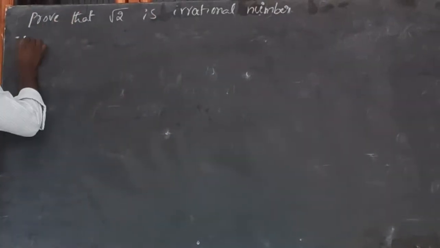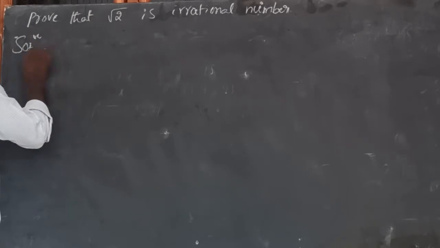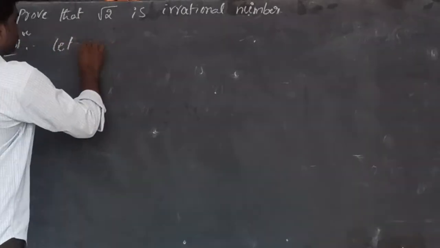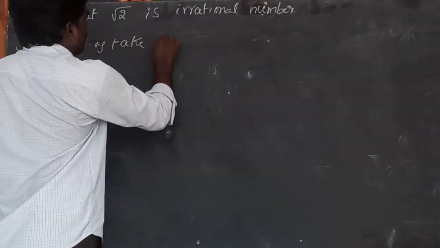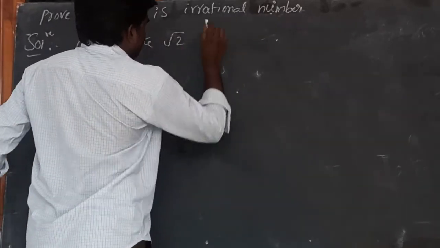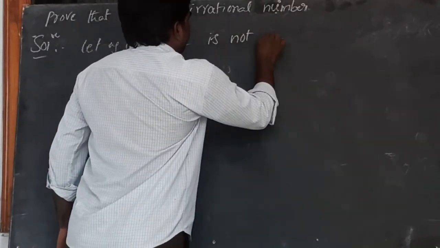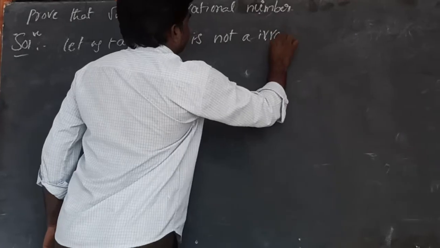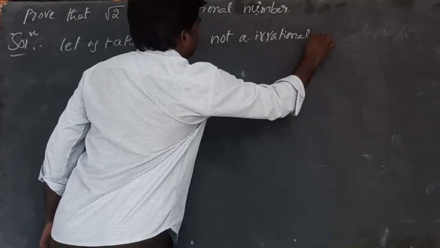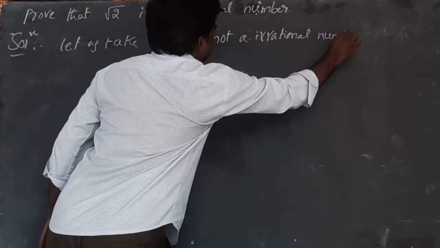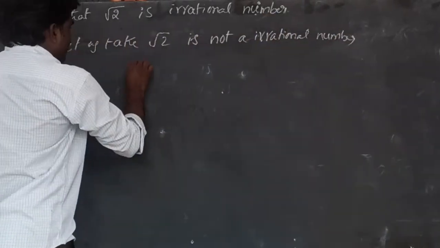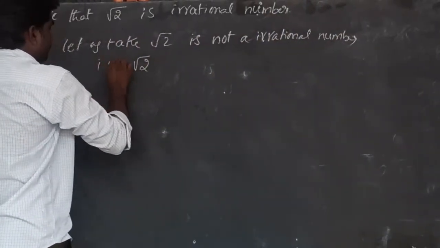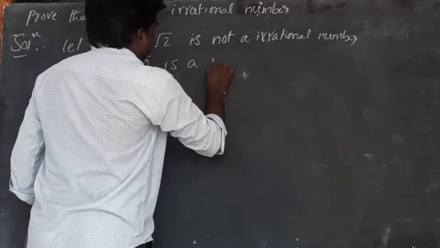Okay, so by using the contradiction method, let us take root 2 is not an irrational number. That means it is a rational number. Okay. Root 2 is a rational number.